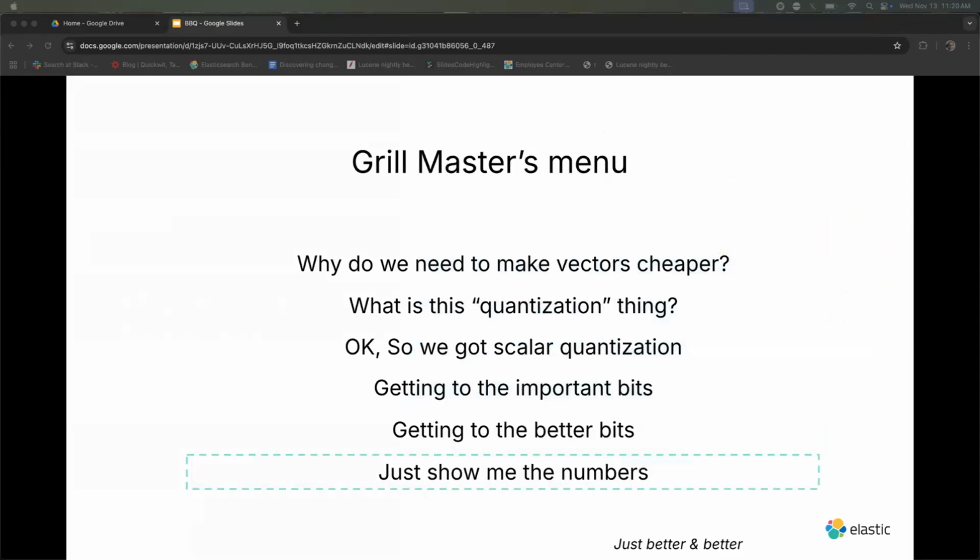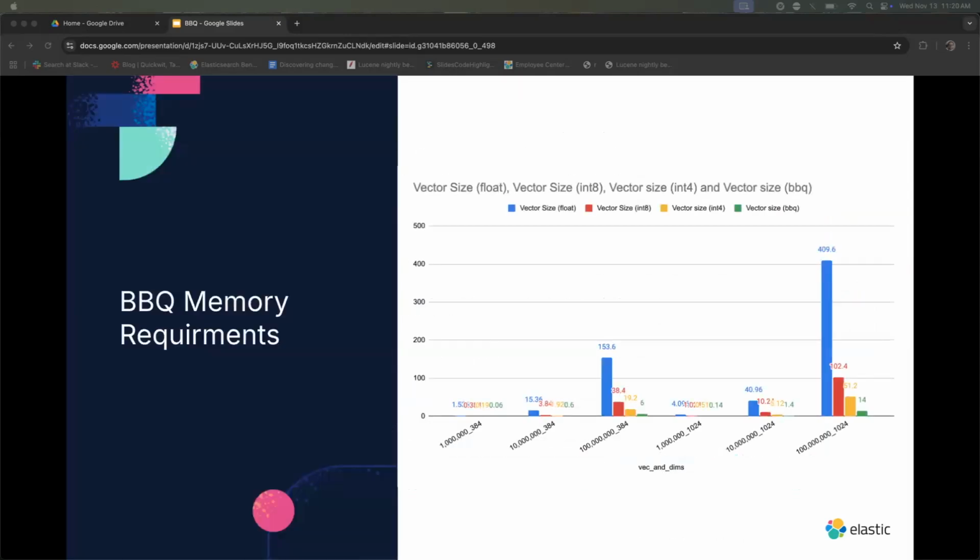here's some real numbers. And when I made this chart, again, I was thinking I would have a bigger screen, and I apologize for all the people in the back. But what this essentially boils down to is that you have 100 million 1024 dimensional vectors go from requiring over 400 gigs of RAM to, I have to squint on my screen too, 14.